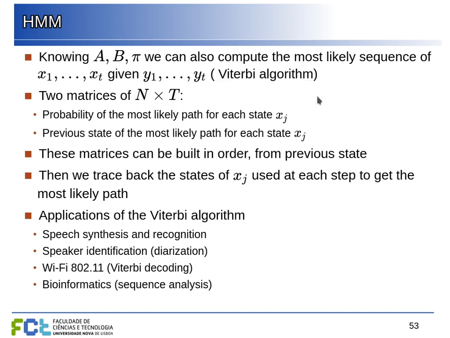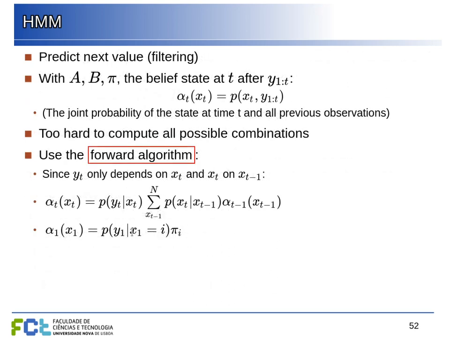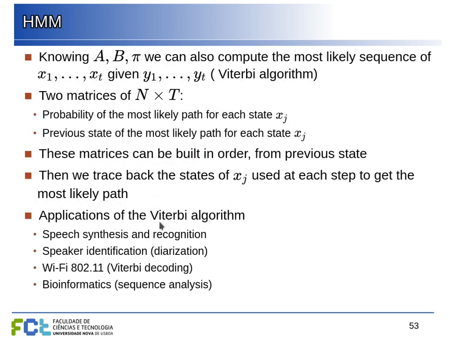I'm not going to detail it very much, but the idea is similar to the forward algorithm. What we're going to do is keep two matrices that have as many rows as the number of states and as many columns as the time steps that we have. And at each column, we are going to compute for each state the probability of the most likely previous state for getting there.